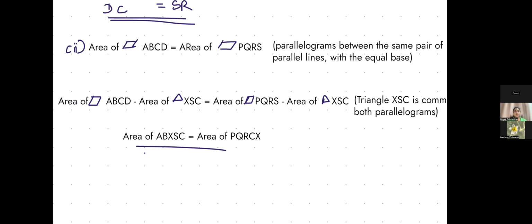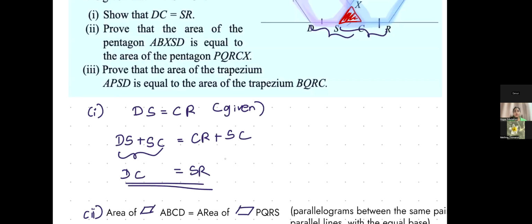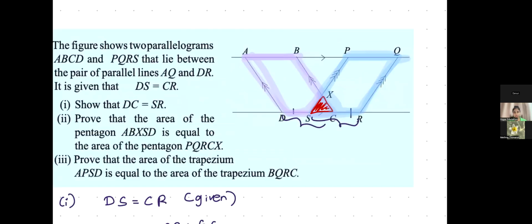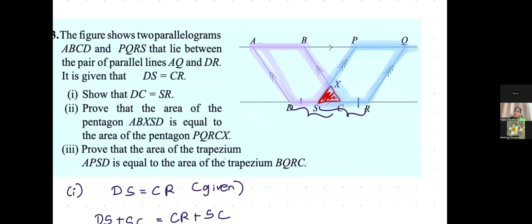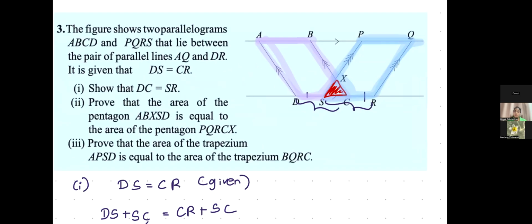Okay. Last one, prove that the area of the trapezium APSD is equal to the area of the trapezium BQRC.